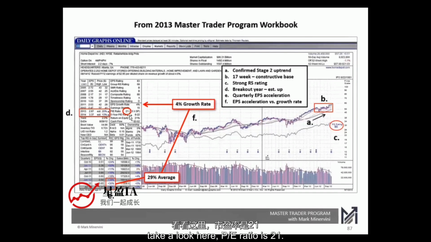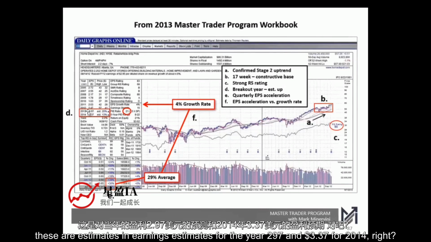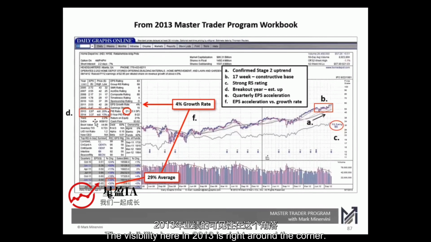Well, take a look here. PE ratio is 21, right? The estimates, these are earnings estimates for the year, $2.97 and $3.37 for 2014, right? The visibility here, 2013 is right around the corner. You're in 2013, and 2014 is the very next year.